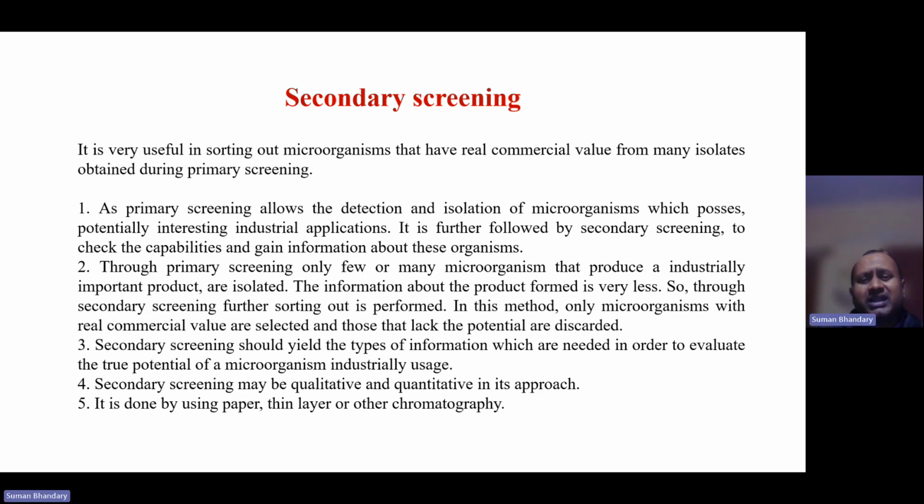But because the agar plates have limited surface area, they have limited space. So to understand the growth as well as production yield of the test microorganism on a large scale, we need to perform small scale fermenter.